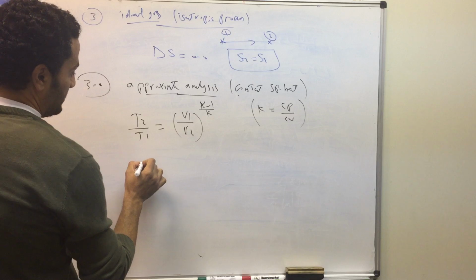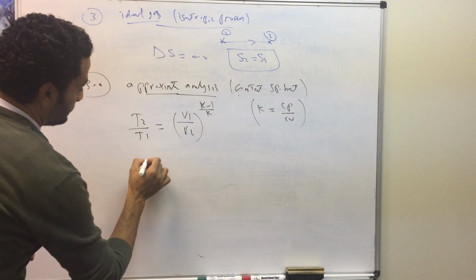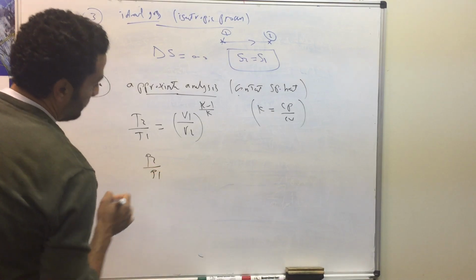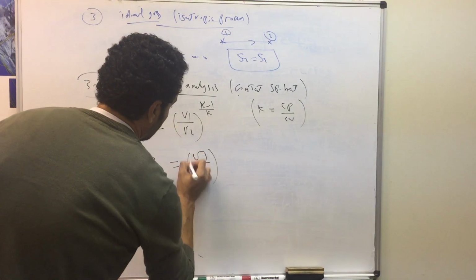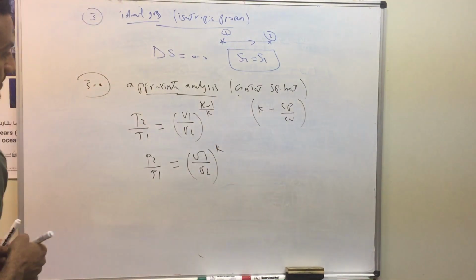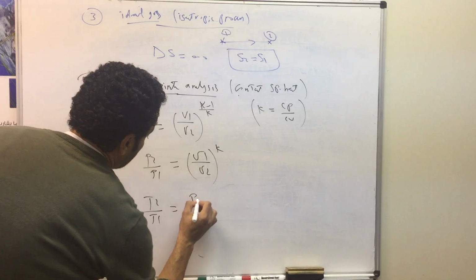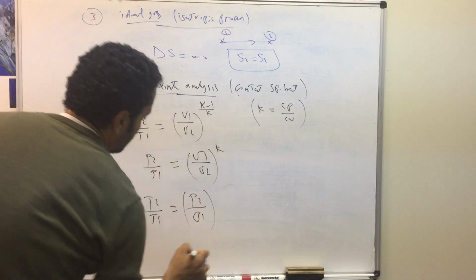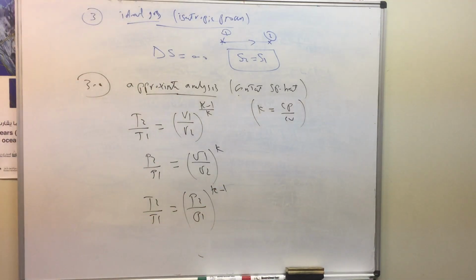We can get also another relation, which is P2 over P1 is the same as V1 over V2 to the power K, and we have T2 over T1 is the same as P2 over P1 to the power K minus 1 over K. Let me just check those equations.